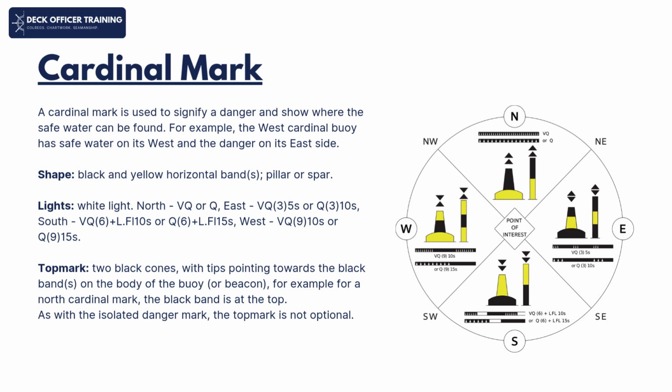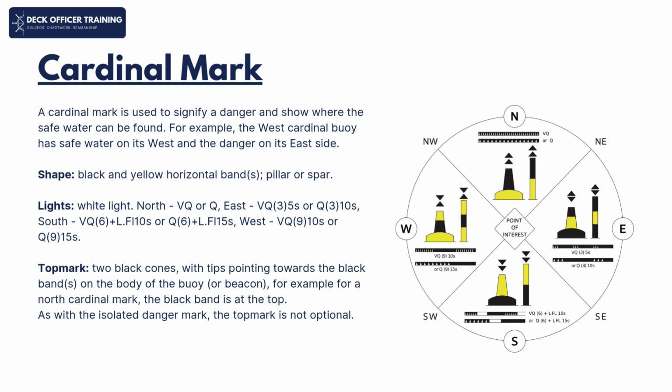East: very quick, 3 in 5 seconds, or quick, 3 in 10 seconds. South: very quick, 6 plus long flash in 10 seconds, or quick, 6 plus long flash in 15 seconds. West: very quick, 9 in 10 seconds, or quick, 9 in 15 seconds.